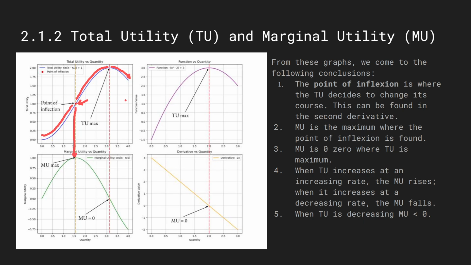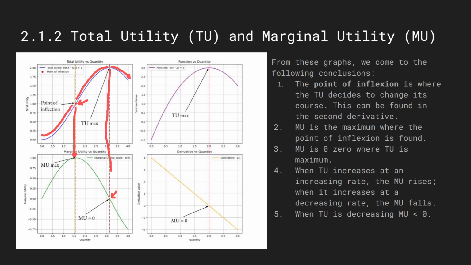And after consuming one more good, we are not really getting satisfied, and in this case our satisfaction level is also decreasing. So at that point, at TU max, the marginal utility becomes 0. Remember what marginal utility was?